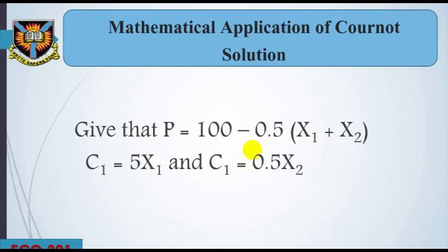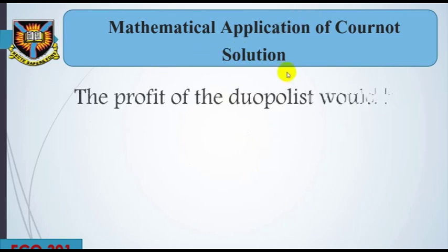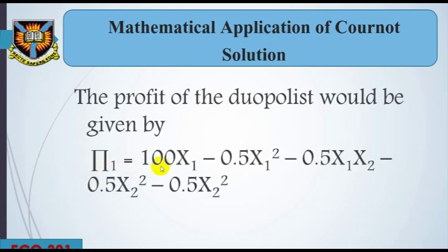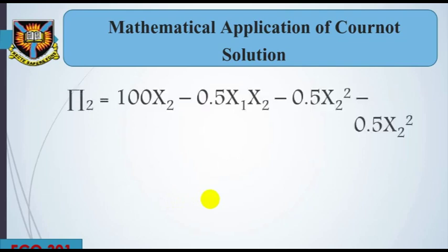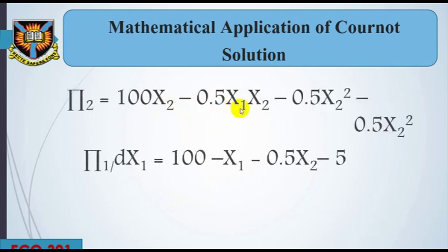The profit of the duopolist would be given by profit 1 is equal to 100x1 minus 0.5x1 squared minus 0.5x1x2 minus 5x1. Profit 2 is equal to 100x2 minus 0.5x1x2 minus 0.5x2 squared minus 0.5x2 squared.